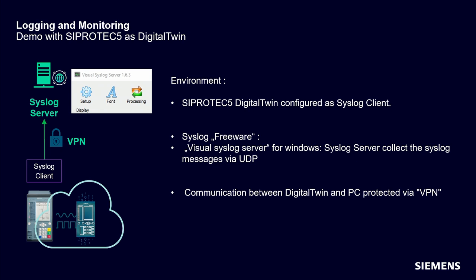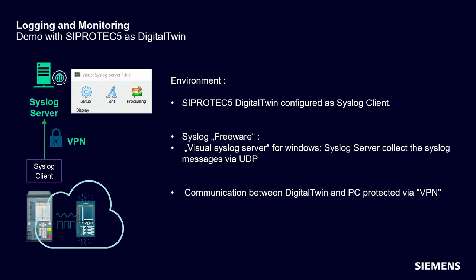Let me explain the demo environment. As syslog client, we have a SIPROTEC 5 device, not as a physical device, but as a virtual device, the so-called SIPROTEC 5 digital twin. Also for you as a customer, you can get access to a one-to-one simulation of the SIPROTEC 5 device in the cloud.